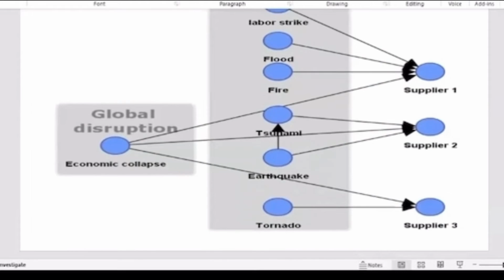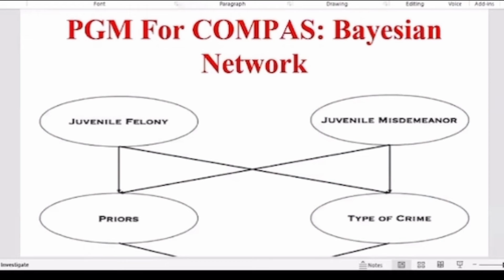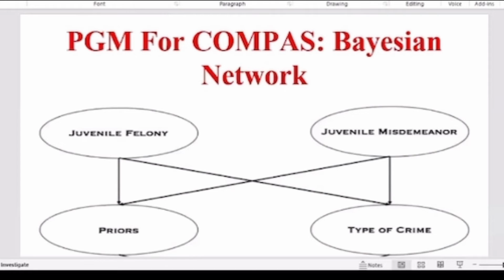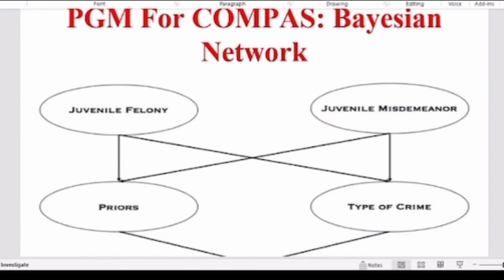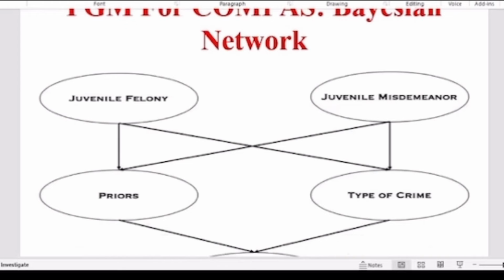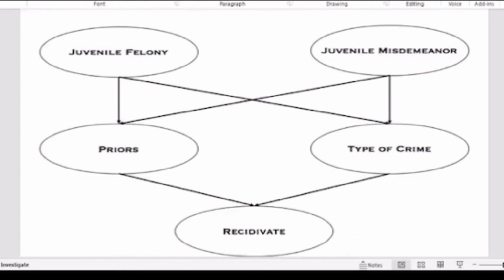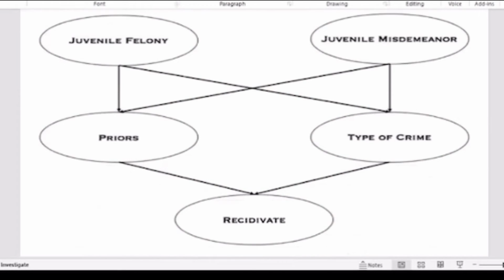Now I want to move on. Oh my God, I'm coming into the criminal justice system. In the criminal justice system, there is something used in the court of law when an accused is already proven guilty. They normally consider recidivism, which means the probability that he or she will commit the offense again.